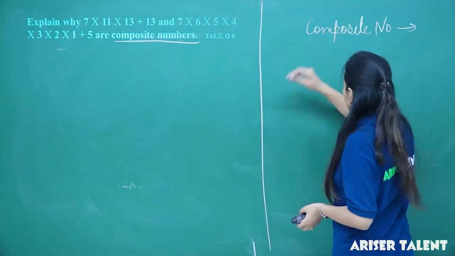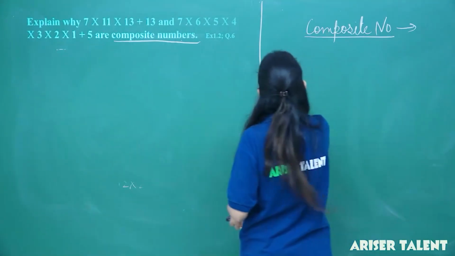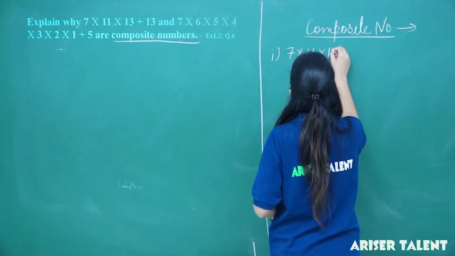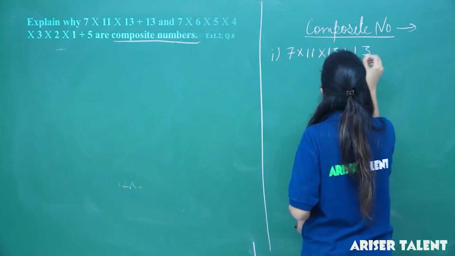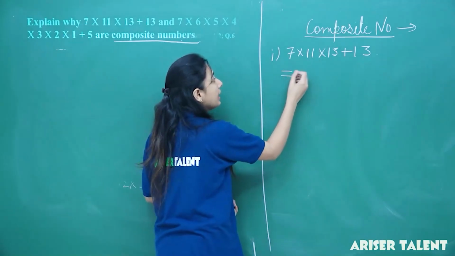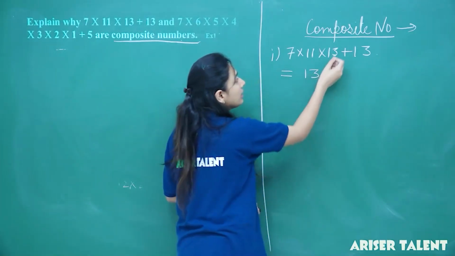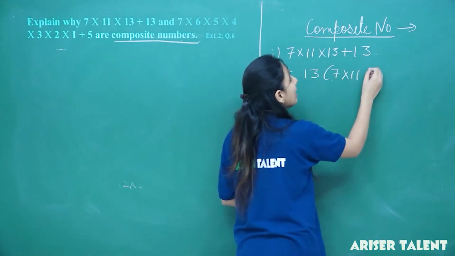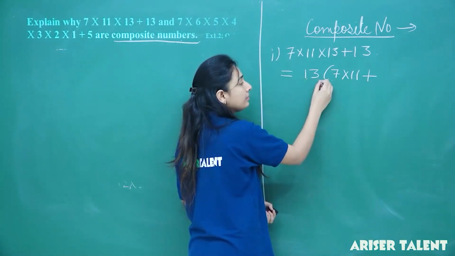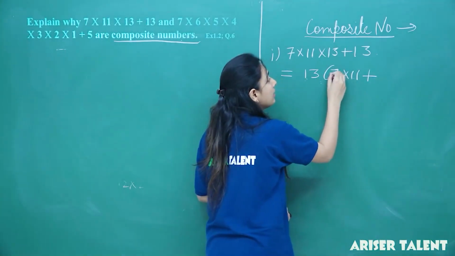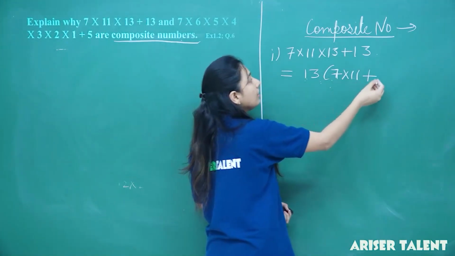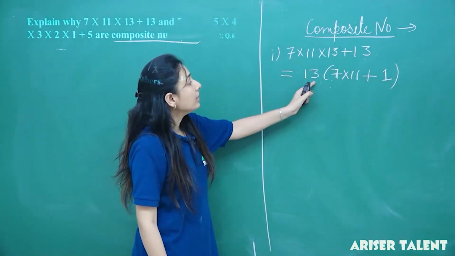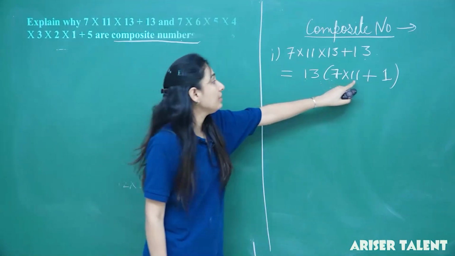Okay. Now, first, 7 multiplied by 11 multiplied by 13 plus 13. How can I rewrite it? I can take 13 as common, so that will be 13 bracket 7 multiplied by 11 plus 1. I have taken 13 as common, so it will be like this.